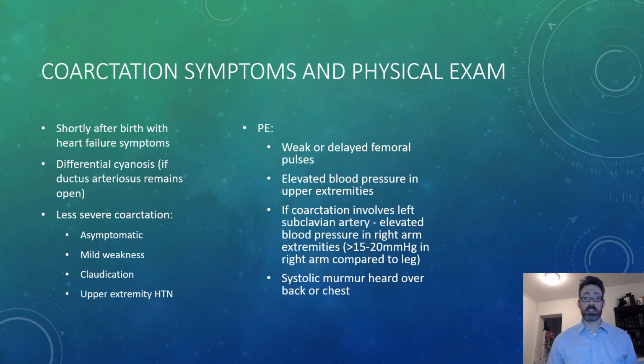Symptoms and physical exam. Shortly after birth, they could present with heart failure, depending on how severe the coarctation is, okay? Because that would be a very high afterload on a heart that hasn't had time to adapt. Differential cyanosis can occur, okay?